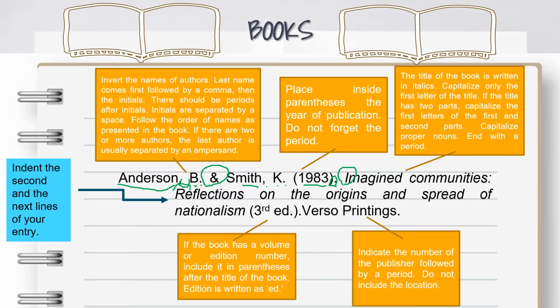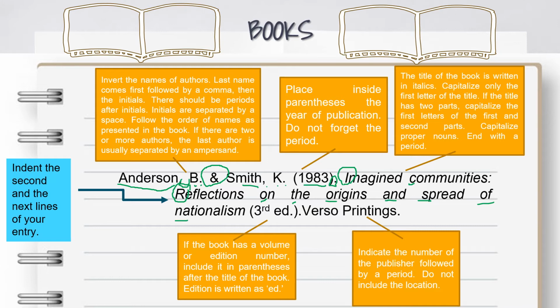So we have capitalized the letter I for imagined and the letter R for reflections. And then the rest of the words are written in small letters only. Okay? So there you go.